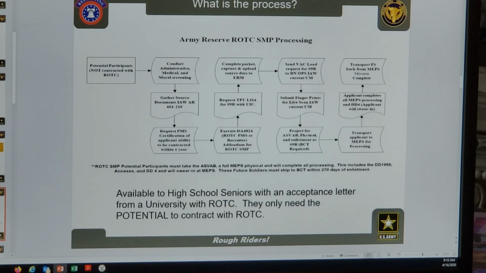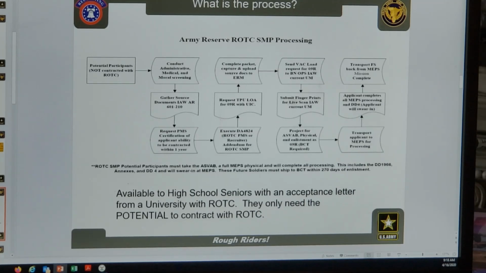If they're a high school senior, you just need the acceptance letter for a university that has an ROTC or some sort of affiliation. So if you have a high school senior right now that has an acceptance letter to Oklahoma University, if they have that in their hand, they're eligible. Put that in the record.